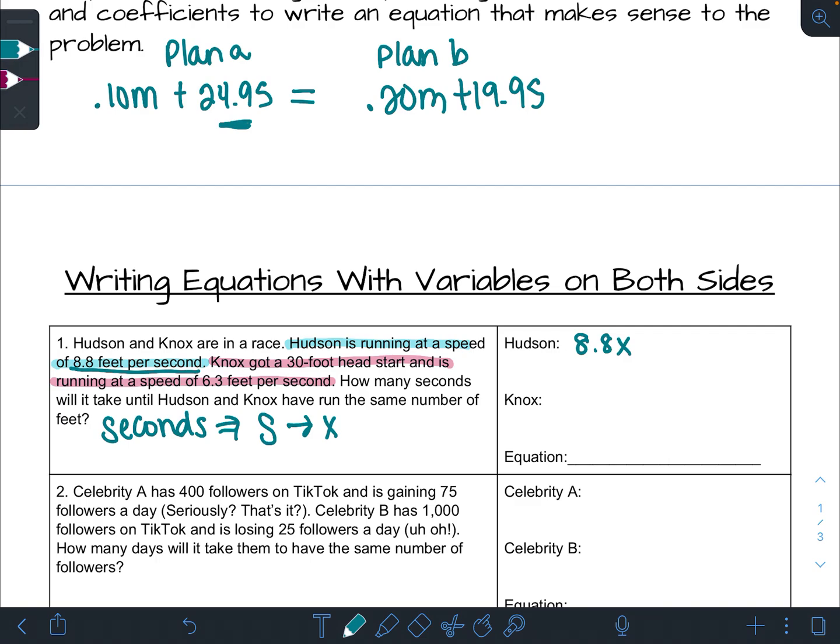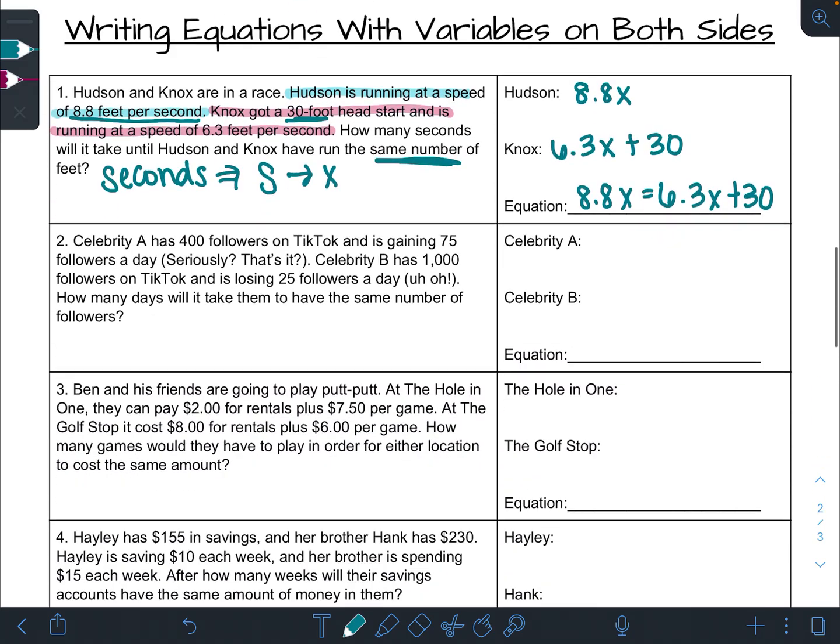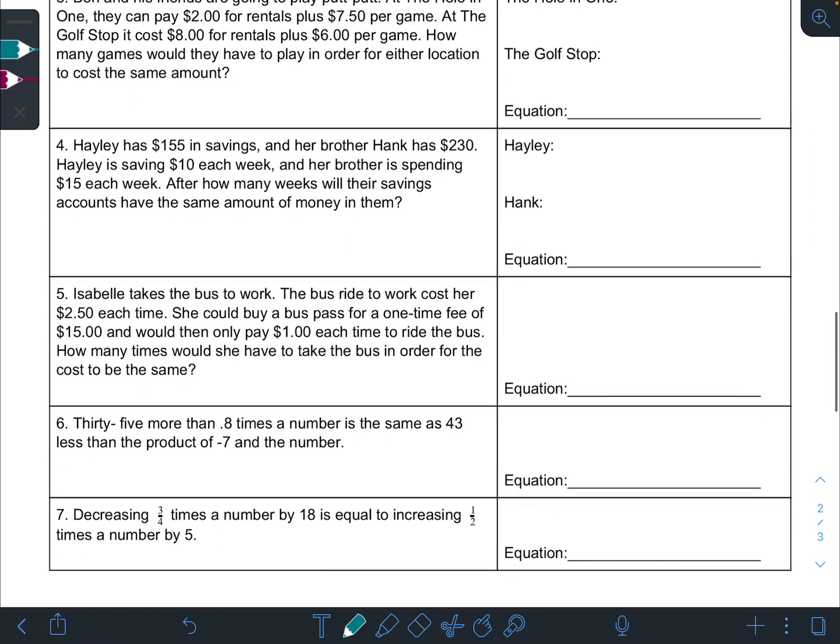He started at 0. However, Knox got a 30-foot head start, and he is running at a speed of 6.3 feet per second, plus that 30-foot head start. And I want to know when they will run the same number of feet, so I'm going to make those equal to each other. 8.8x is equal to 6.3x plus 30.